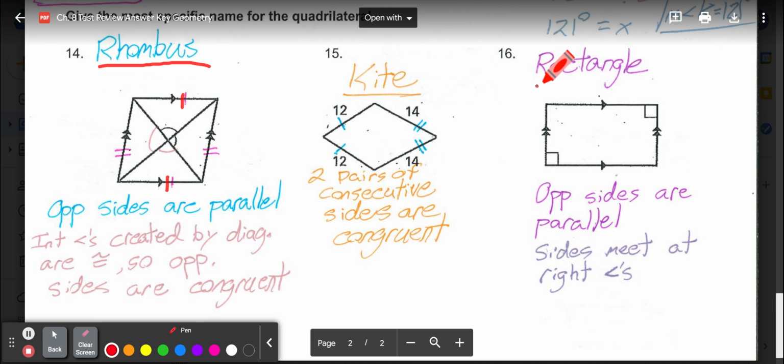And then in 16, we know it's a rectangle because we have opposite sides here and here being parallel, and the top and bottom are parallel. And then I also know the sides are meeting at right angles. I don't know if the top, bottom, left, and right are all congruent to each other, so I can't call it a square. So we have to stop at calling this figure a rectangle.